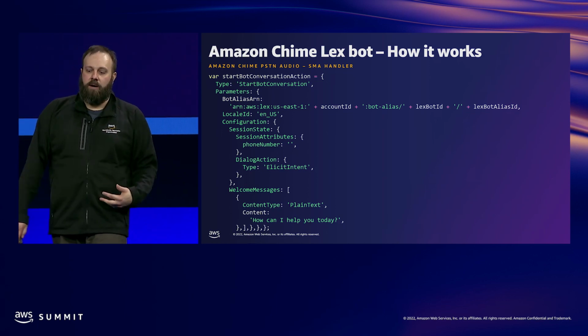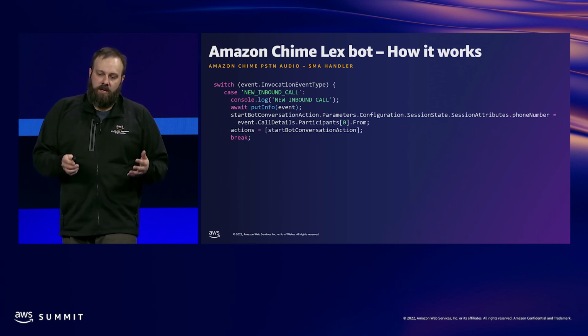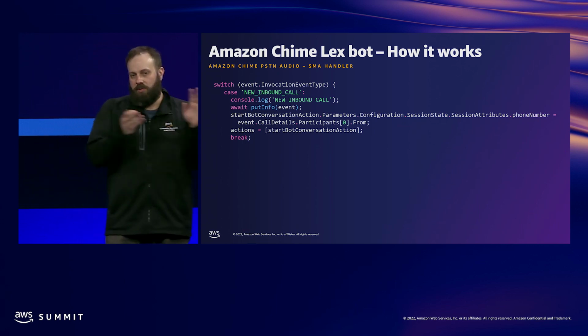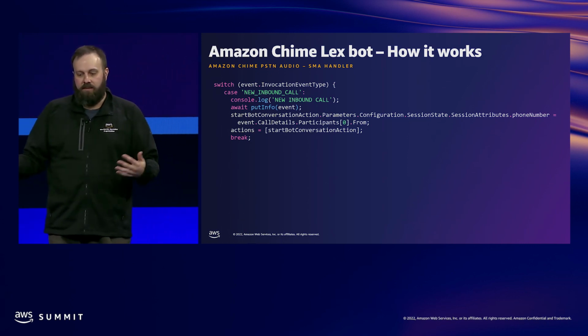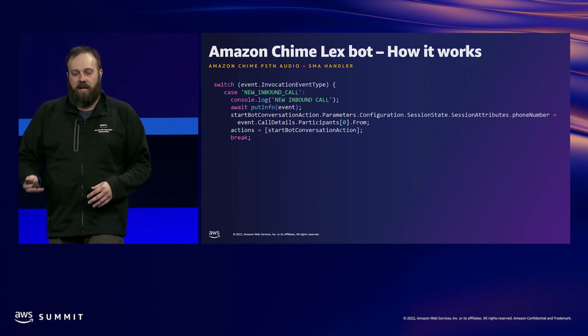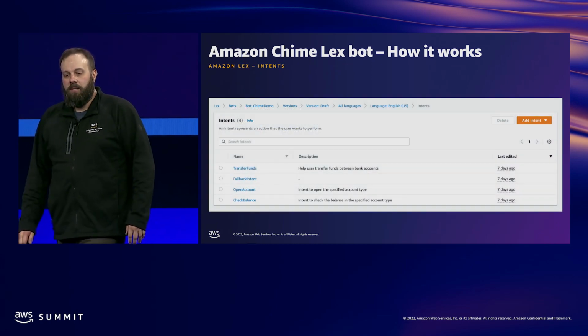And away we go. And as we talked about earlier, the concept of invocation and action, this is the action that gets returned to the SIP media application. I just have to say, all right, let's pass this information up to Lex, and away we go. Actions equals start bot conversation action.